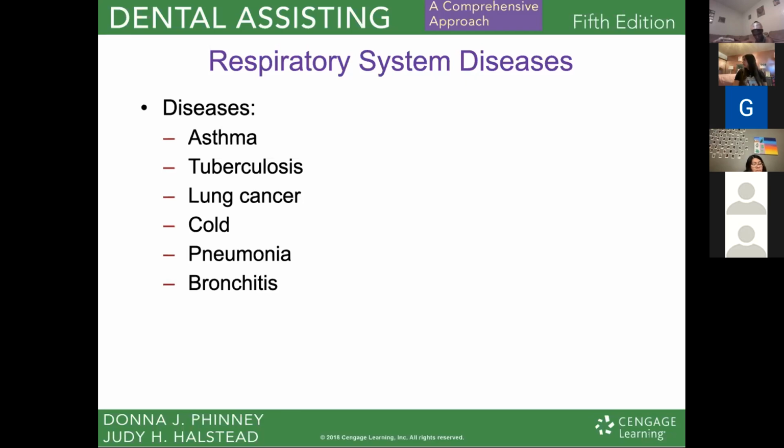A cold is known as rhinitis. It's also obviously an infectious disease. Pneumonia is inflammation of, or it's actually water or fluid inside of the lungs. And bronchitis is inflammation of the bronchial tubes.